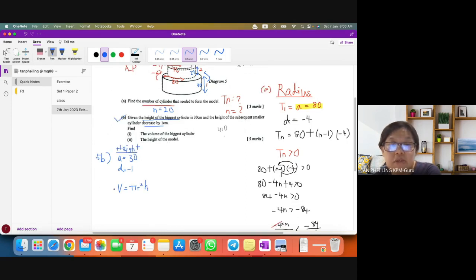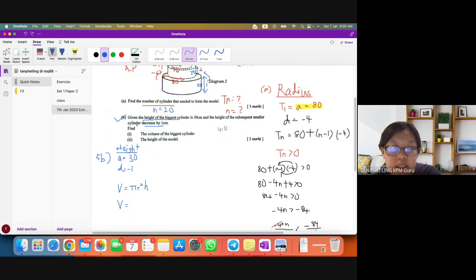So now the question is very straightforward. They're asking for volume. Our pi here in maths, we usually put in 3.142. So check again: do they actually call for the answer in terms of pi? You can always make sure that you check first. Does the question require our final answer to be in pi?